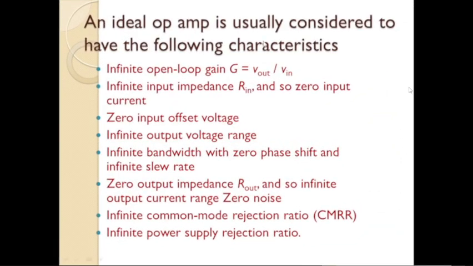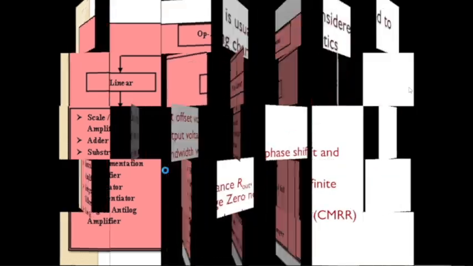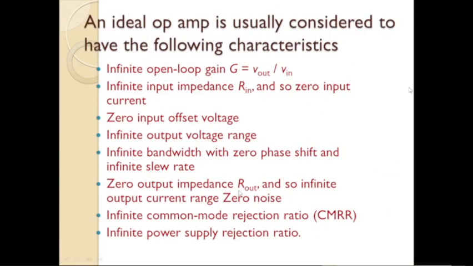Some of the important characteristics of an ideal operational amplifier are: infinite open loop gain, infinite input impedance so zero input current, zero input offset voltage, input output voltage range, infinite bandwidth with zero phase shift, infinite slew rate, zero output impedance, infinite common mode rejection ratio, and infinite power supply rejection ratio.